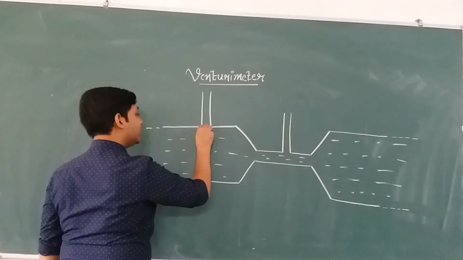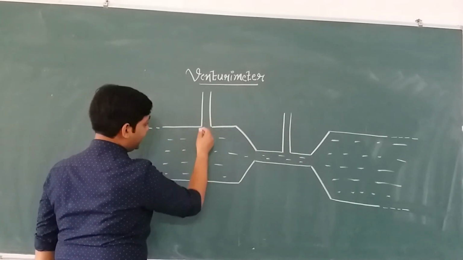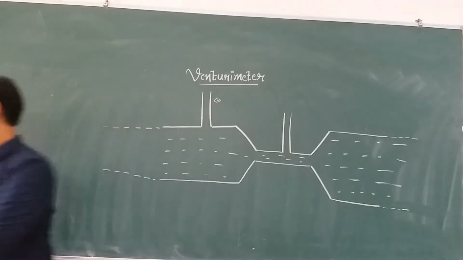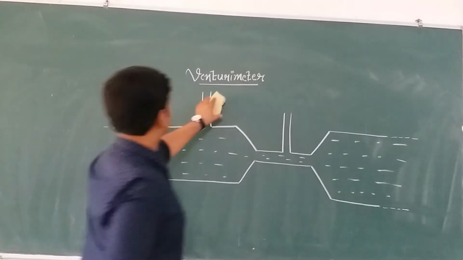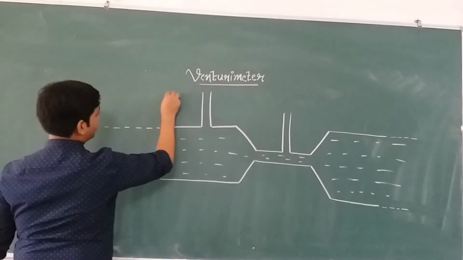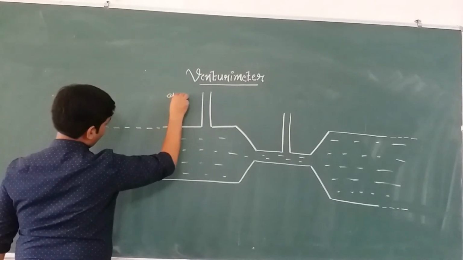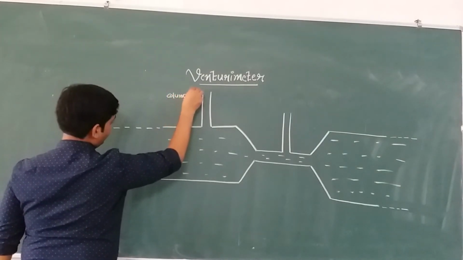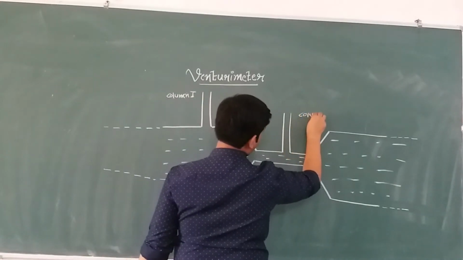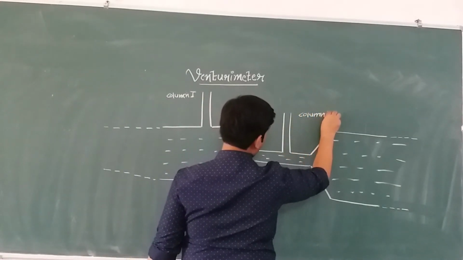We consider a cross-sectional area right below this column 1. Let me say this is column 1. This is column 1, and this is column 2.